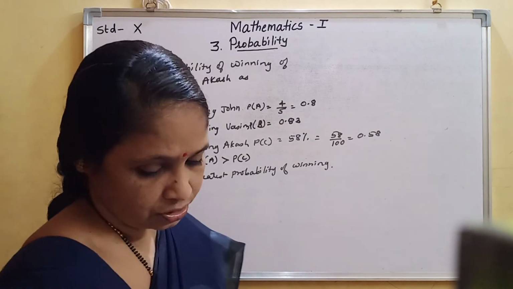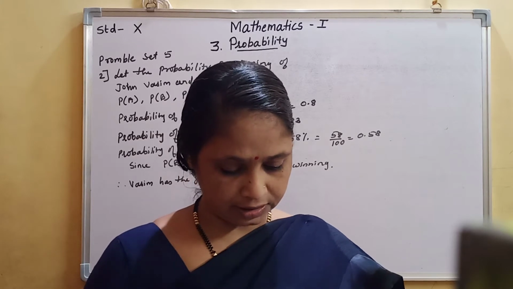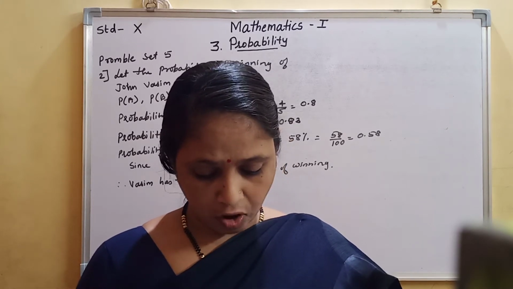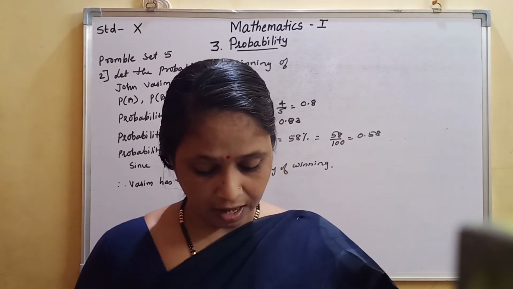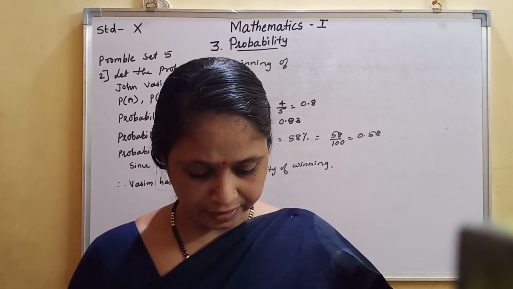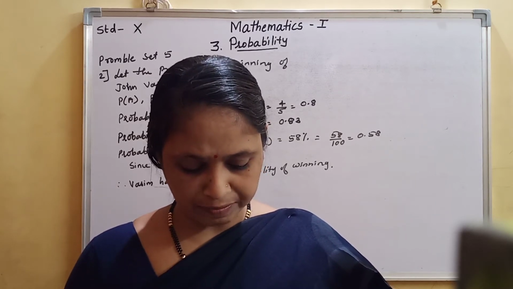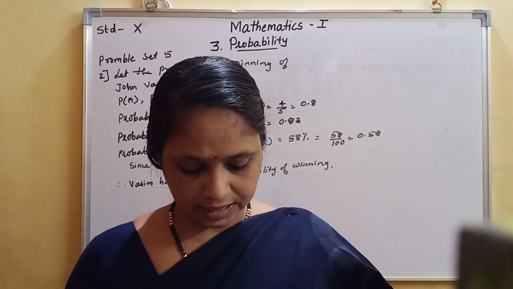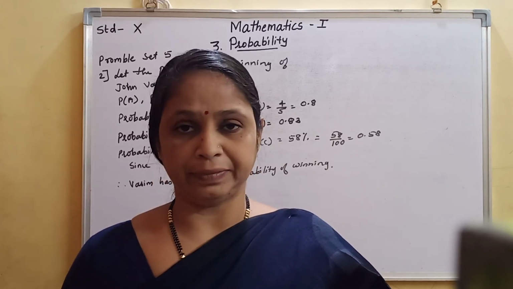Now the next question is question number 3. In a hockey team there are 6 defenders, 4 offenders and 1 goalie. Out of this, one player is to be selected randomly as a captain.